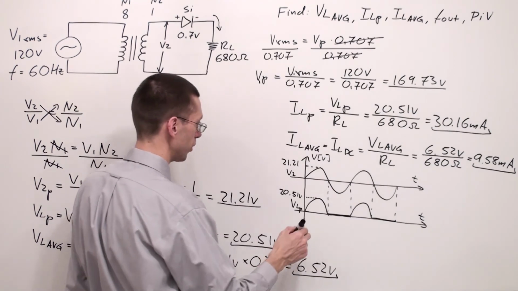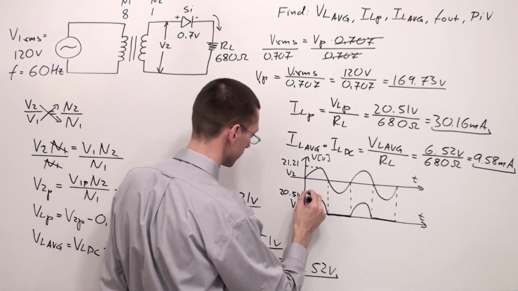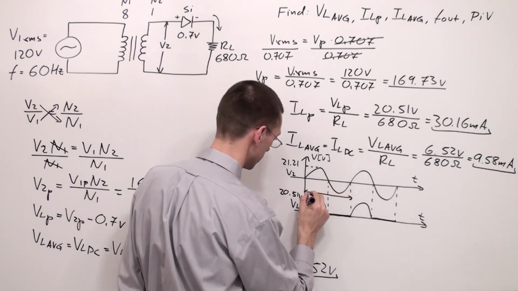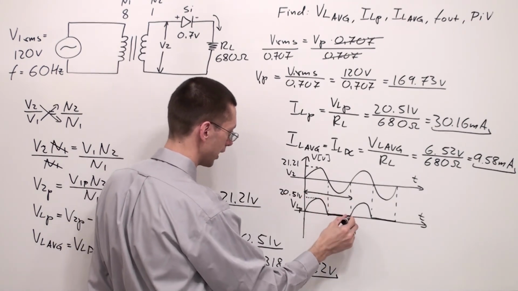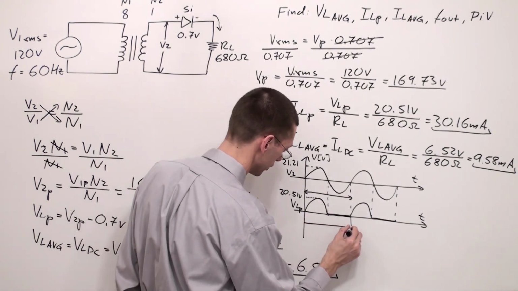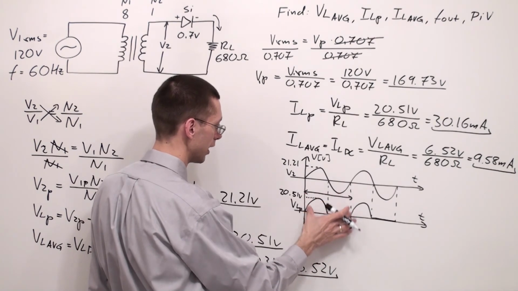Now, please notice that one full cycle of my secondary voltage is from this point to this point. My full cycle of output voltage, VL, has exactly the same length.